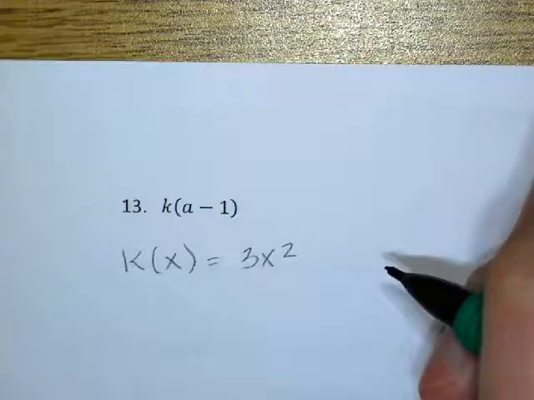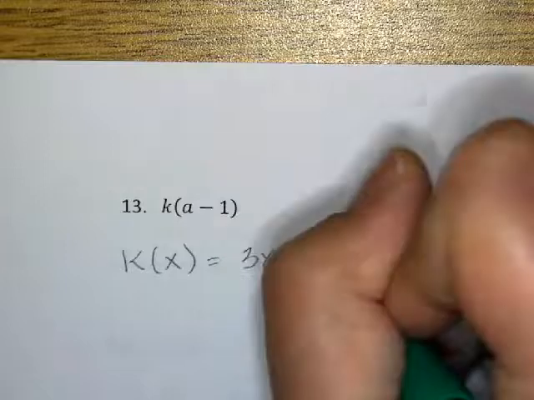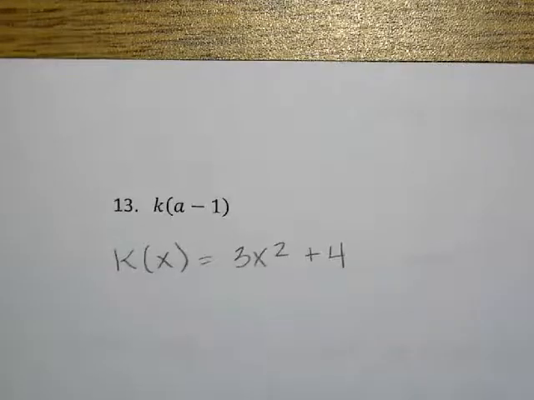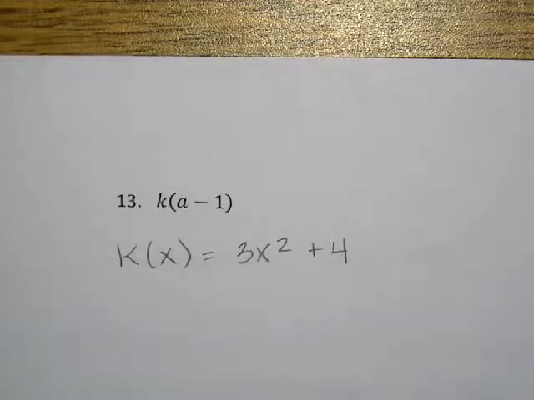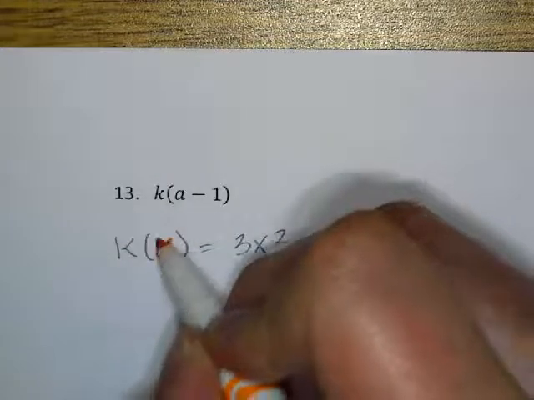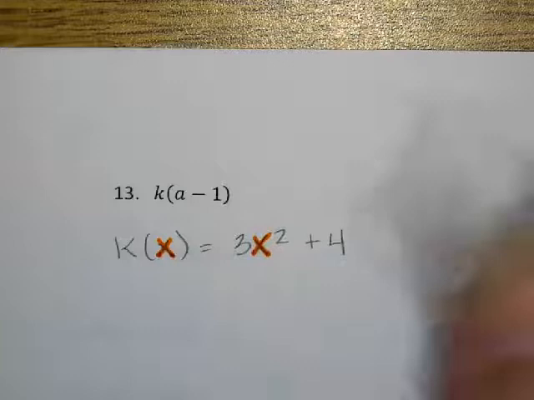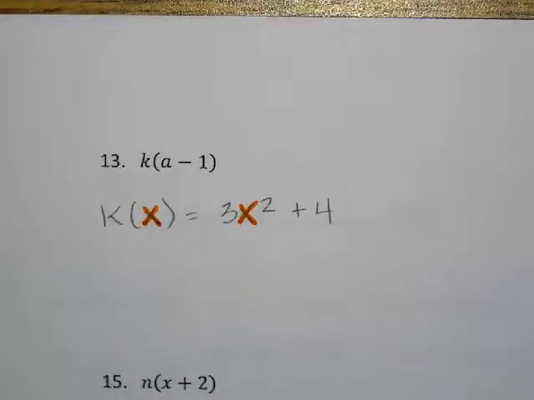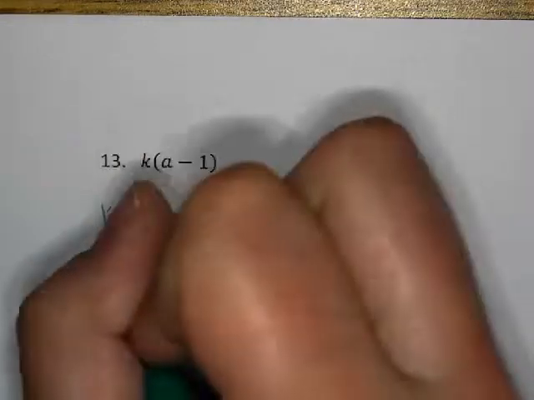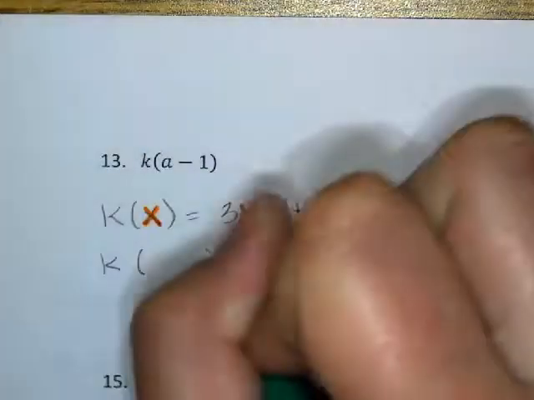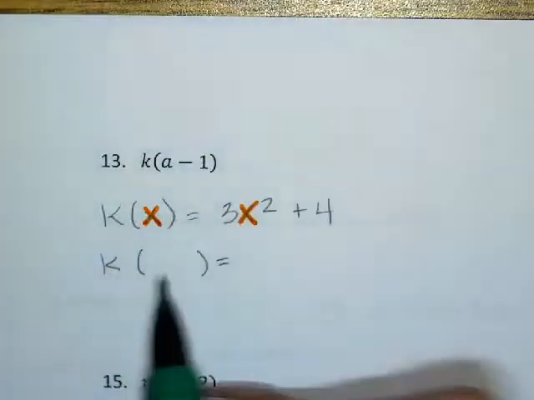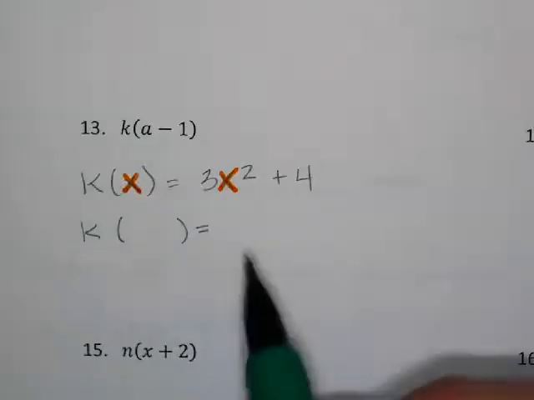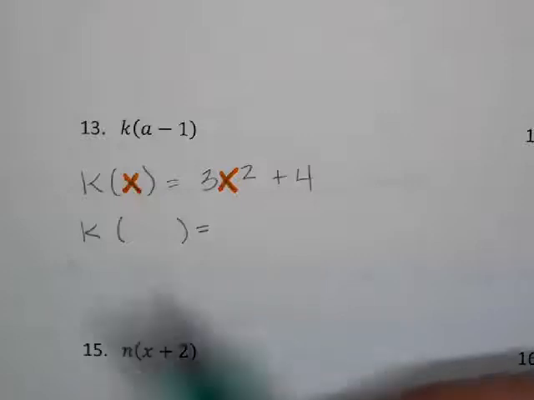Make sure 3x squared plus 4. Okay. And so I am plugging stuff in right here and right here. And now this time I'm making my parentheses a little bit bigger for stuff to plug in because I'm not just plugging in one number, I'm plugging in a whole expression.